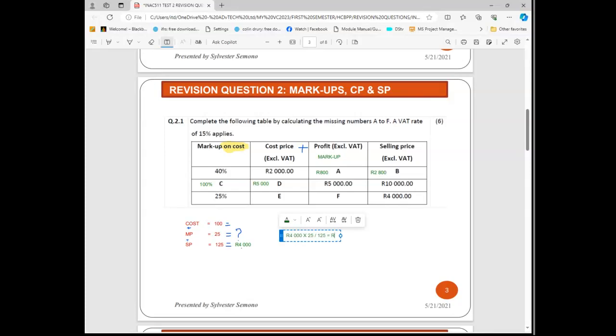That will give us 800. And then we're going to say 4,000 minus 800. It will give us 3,200 for the cost price. Perfect.